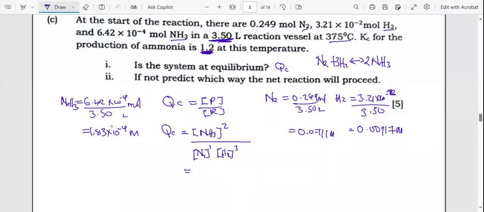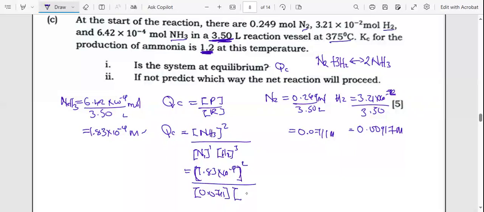For ammonia, we have 1.83 times 10 to the power negative 4, raised to the power 2. Then for nitrogen, we have 0.0711. This is not raised to the n power, right? By the way, you put these curly brackets for concentration.